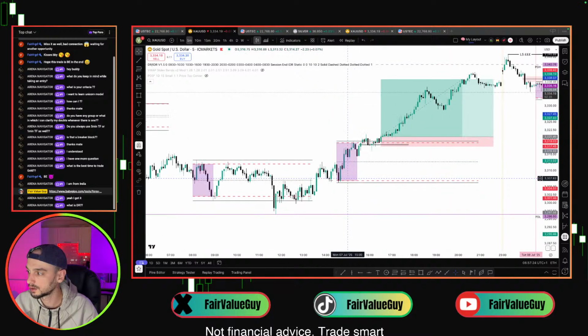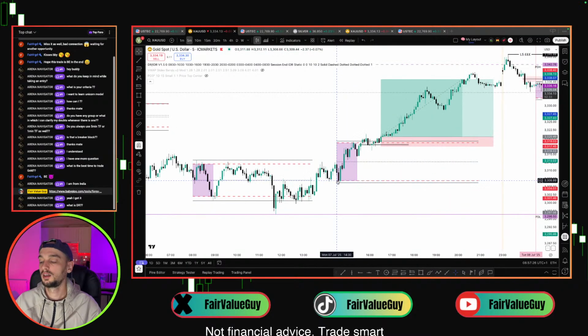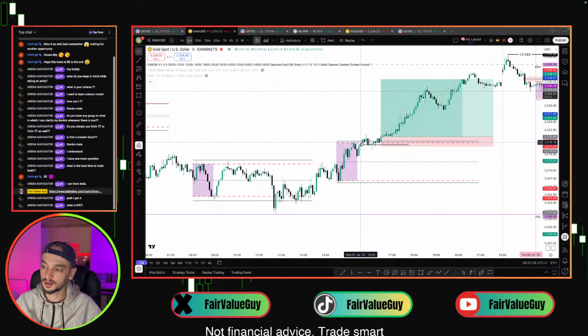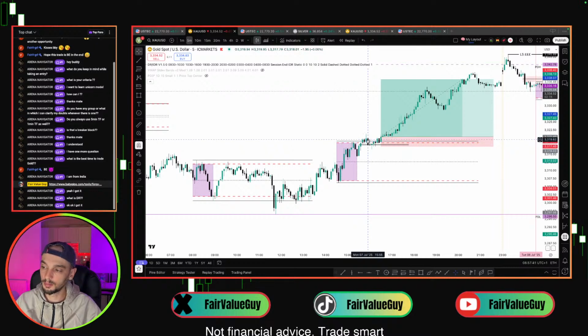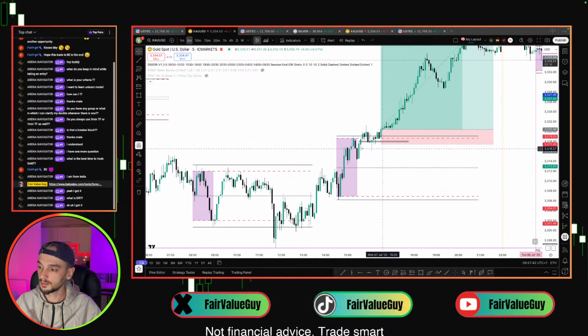So the DR is the dealing range of the first 1 hour of the session, and there is an 80% chance that when a candle breaks above the DR area, so this is the upper part, this is the bottom part, or breaks below, it will never go to the other side.